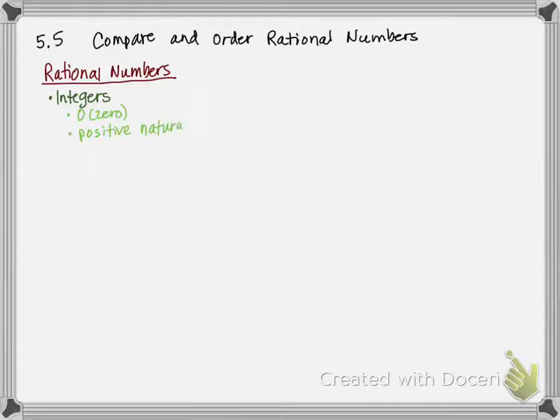So those are the ones we start counting naturally by 1, 2, 3, and so on. And then negative of the natural numbers. So we're just going to call them negative natural numbers. So -1, -2, -3, and so on.